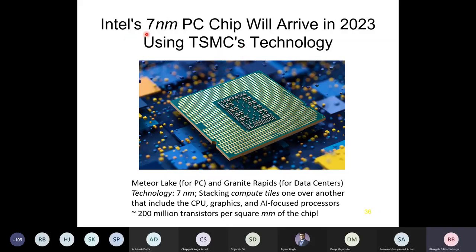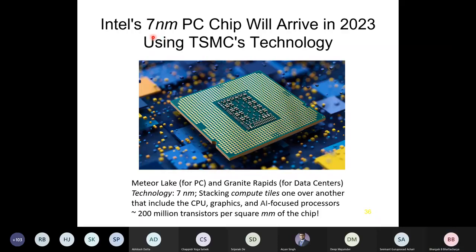Just for your information, in 2023, Intel 7 nanometer chips will arrive using Taiwan TSMC's technology. They are going to market two products: Meteor Lake for PC and Granite Rapids for data centers. They're using 7 nanometer technology, so that gives you some idea of the feature size of transistors.